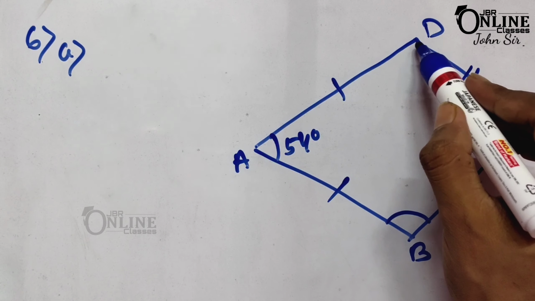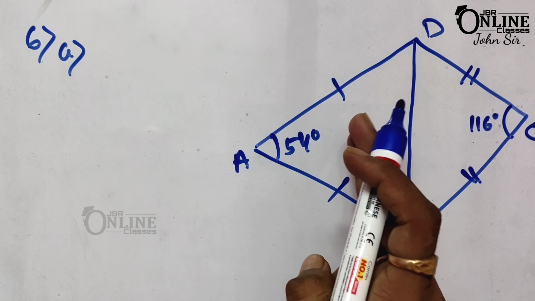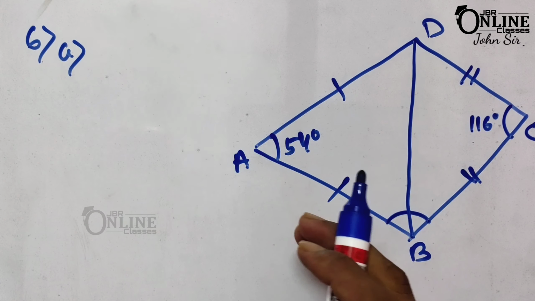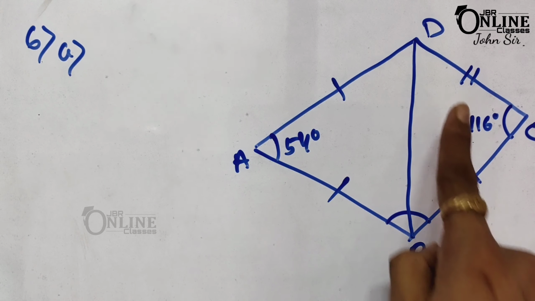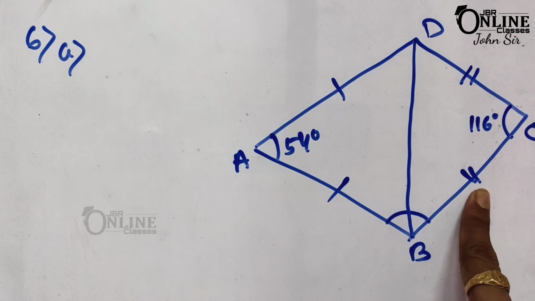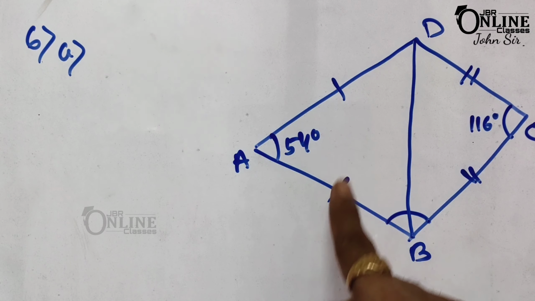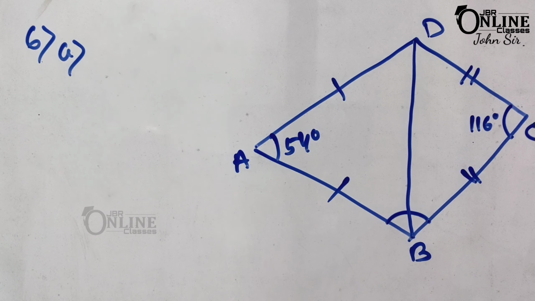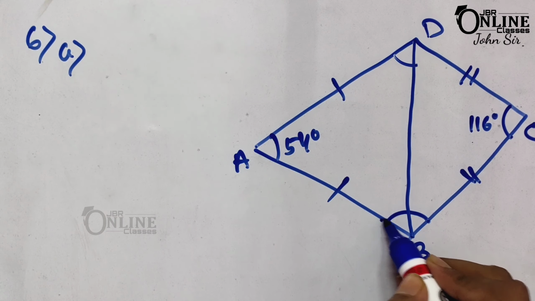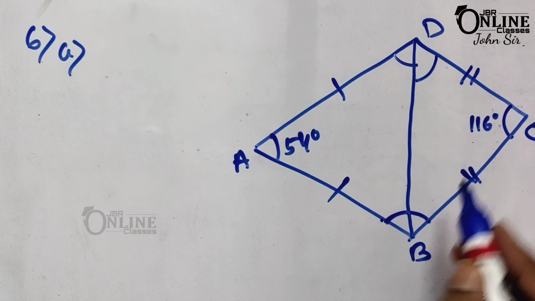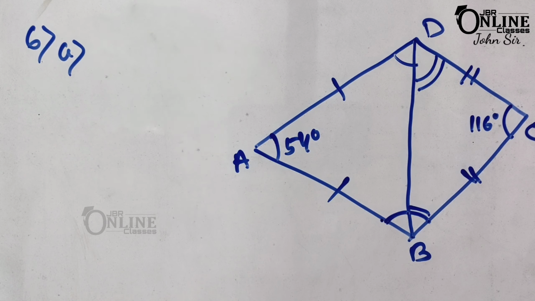So here first you have to join B and D. Okay, now you have two triangles, and both are isosceles triangles, because this side equals this side, and here also this side equals this one. So both are isosceles triangles. Now if isosceles triangle, then definitely this angle will be equal to this one and this angle will be equal to this one. Okay, I hope it's clear.